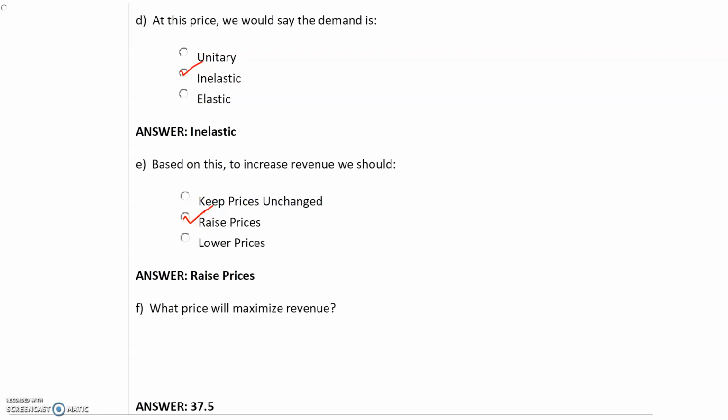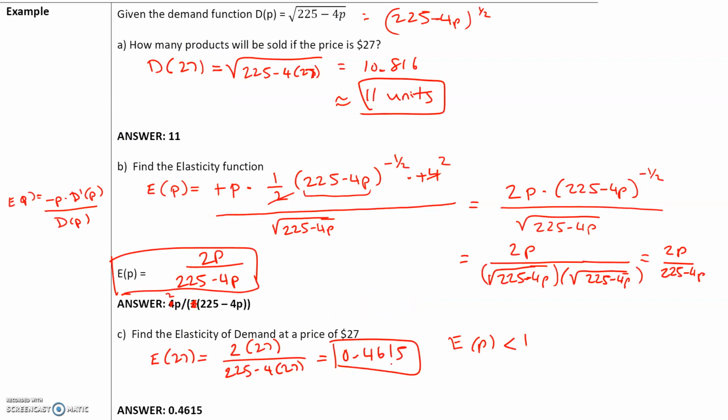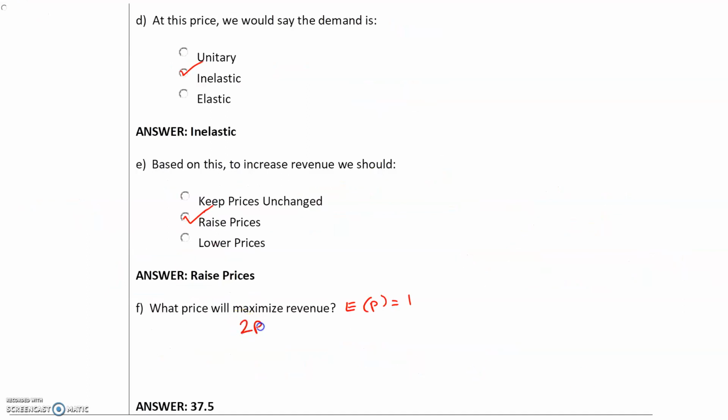Now, what price will maximize revenue? Revenue is maximized when the elasticity function is equal to 1. Our elasticity function is right here: 2p over 225 minus 4p. So we're going to take 2p over 225 minus 4p and set it equal to 1. First thing is we want to multiply to the other side.